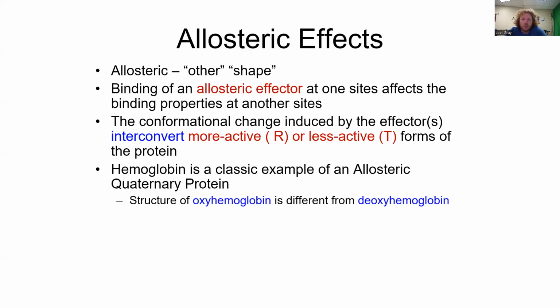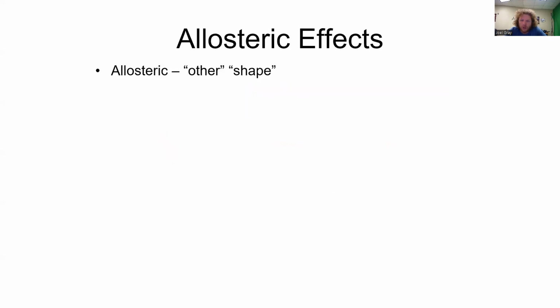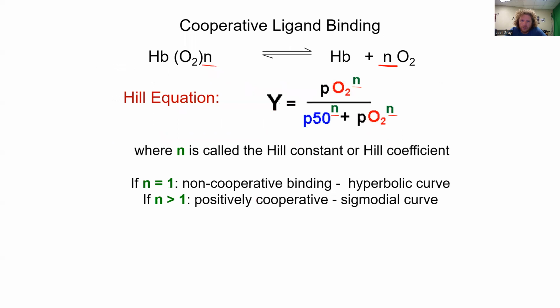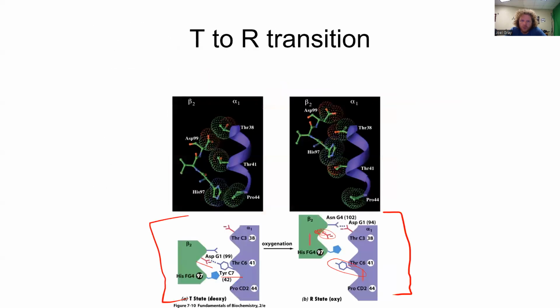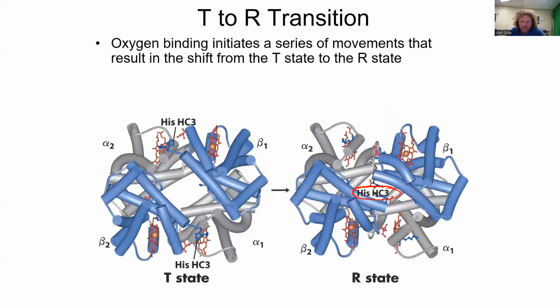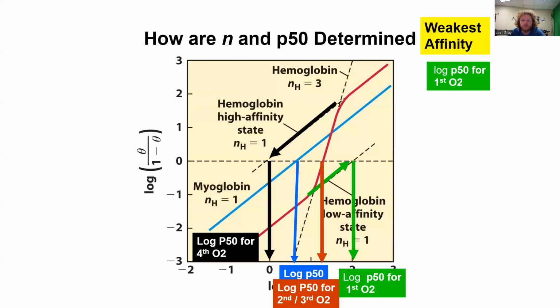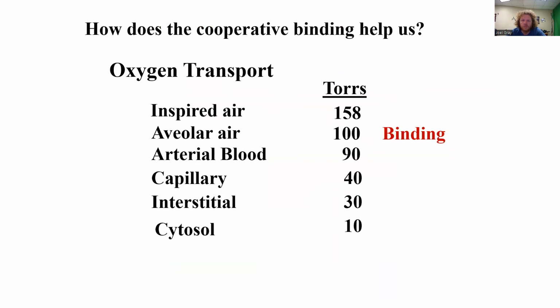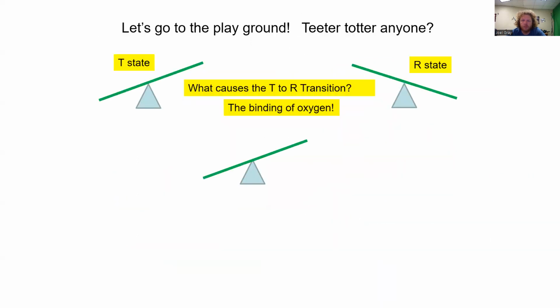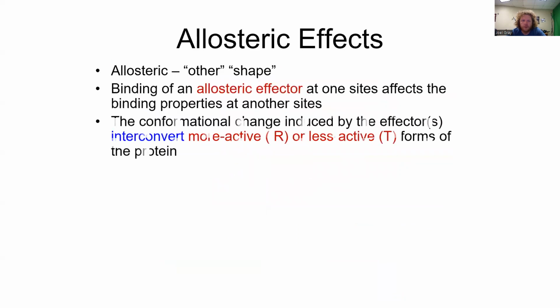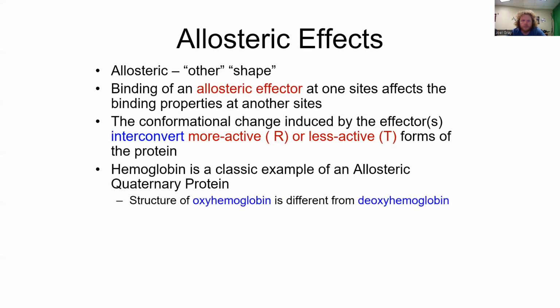The structure of oxygenated hemoglobin or oxyhemoglobin is different, as we saw here. This is our T state and our R state. Now, to the layperson's eye, they look very similar, but they are different. Oxygen is an allosteric effector.